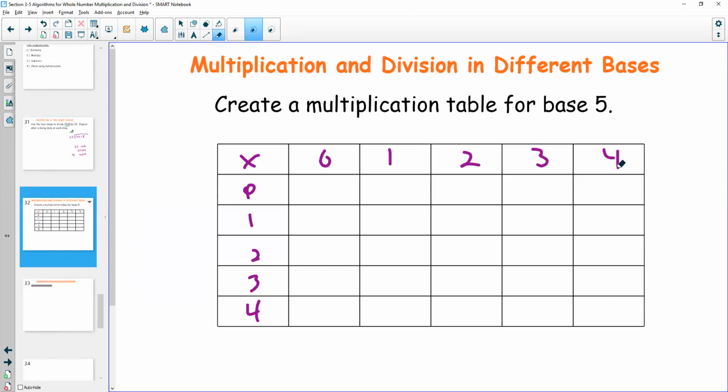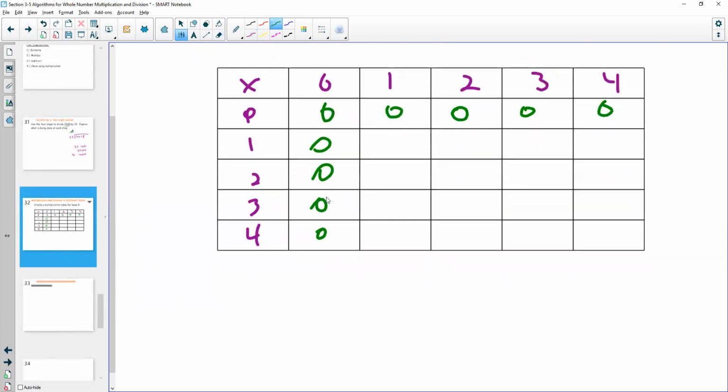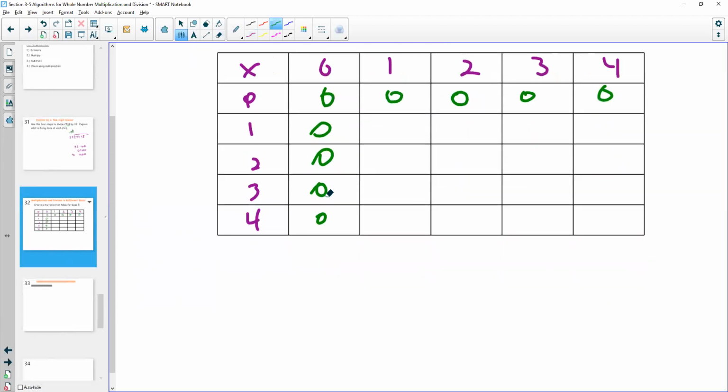Okay, let me change colors so we can do this out. So 0 times 0 is 0, right? Anything times 0 is 0. So I can just fill in my zeros. Now I want to think a little bit. This is base 5, right? So let's think first about counting in base 5. I find that really helpful. So I'm going to make a little chart here, a base 5 versus base 10 chart.